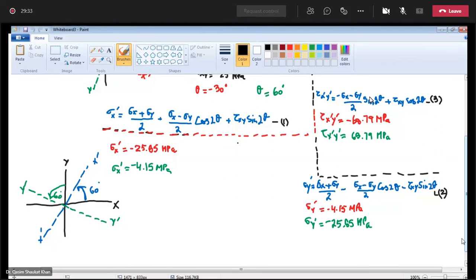Can you please calculate sigma x dash? The thing to be noted here is that instead of using theta minus 30, we will use theta 60 degrees, and it is positive.